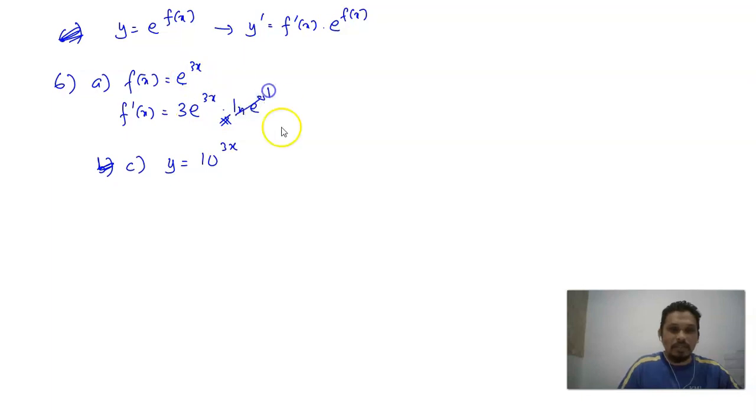Okay, but because it's equal to 1, then only 3e power of 3x is left. So for this one here, y prime equal to 10 power of 3x, natural log of 10, multiplied with differentiate 3x equal to 3. So 3 multiplied with 10 power of 3x and natural log of 10.